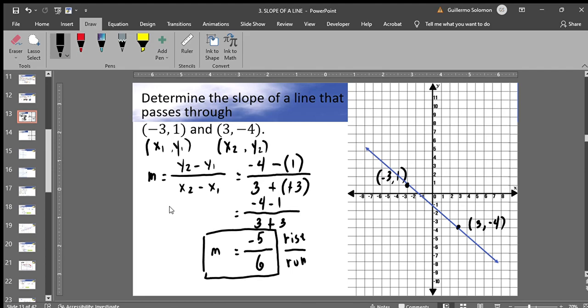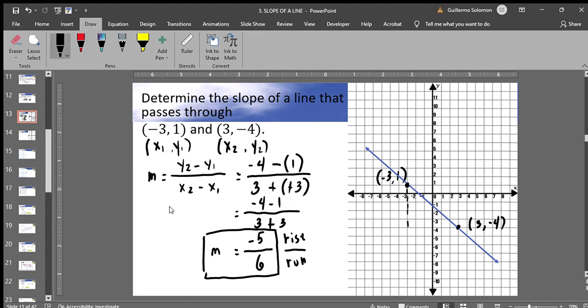From that point, let us count 5 units below because we have a negative value. If it is positive, let us count 5 units above. But since it is negative, let us count 5 units below. So we have 1, 2, 3, 4, and 5.